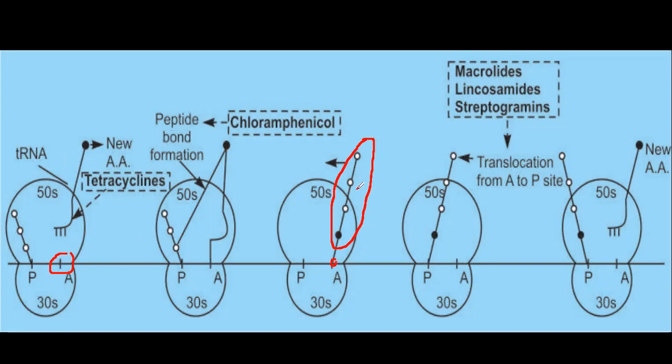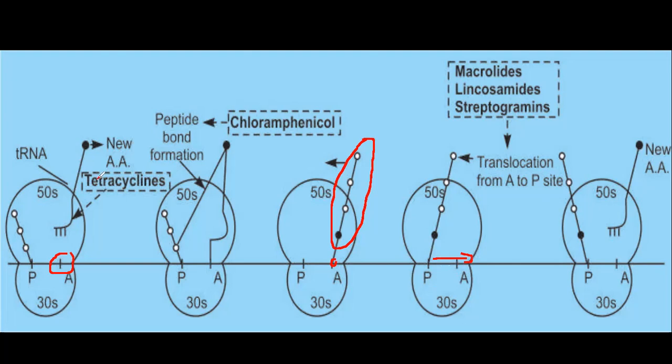This peptide chain must translocate from the A site to the P site. So the ribosome will move one codon ahead, so that a new transfer RNA can come and bind to the A site, and the steps are repeated until a termination codon is reached.